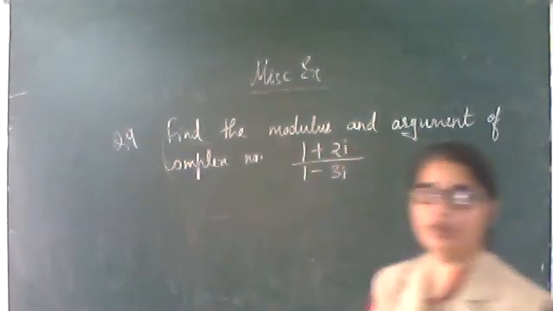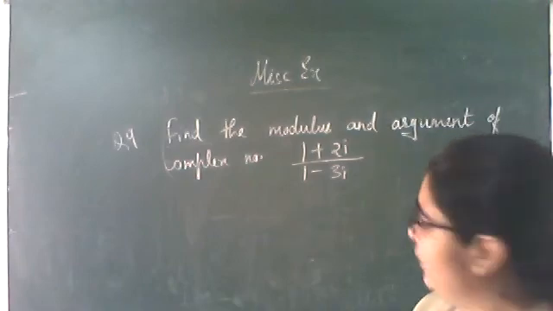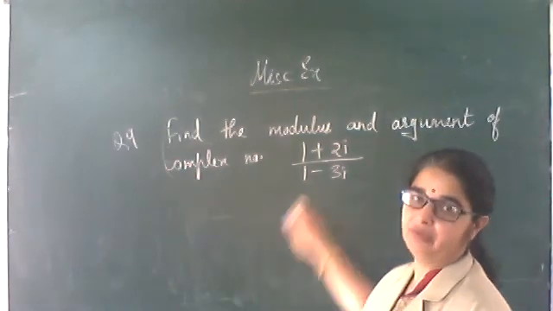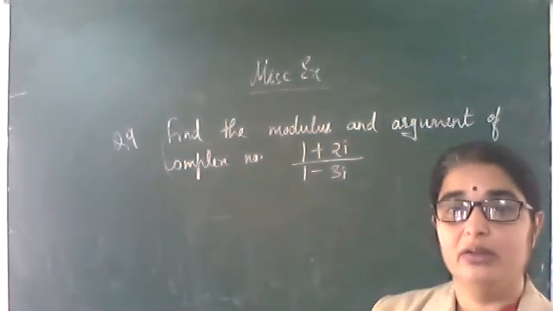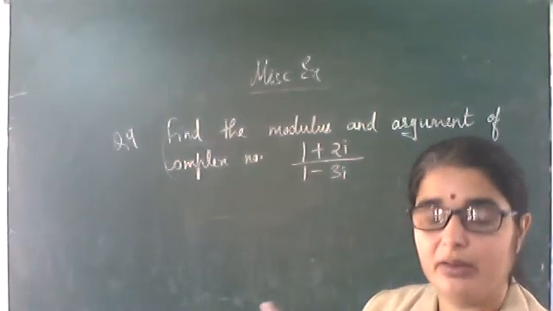Now I told you earlier also, whenever you have any question, the first step is: whenever we have iota in the denominator, we have to rationalize it and bring it into the standard form. Then only we'll do any other thing.